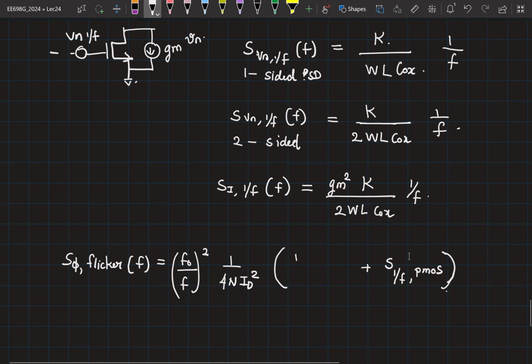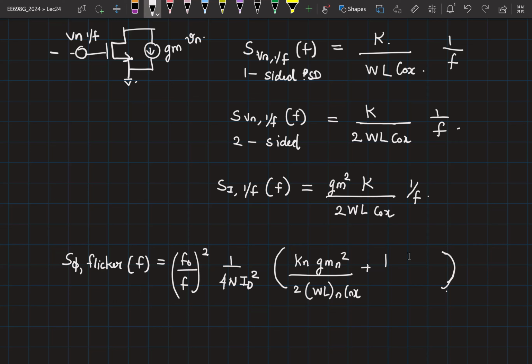So this becomes Kn into Gmn square by twice of WLN of COX. This will become Kp into GMP square by twice of WL for the PMOS into COX. Okay. We are interested in figuring out how the parameters are going to change as you change W and L. So for now, I'll simply assume that the GMN and GMP are equal, right?